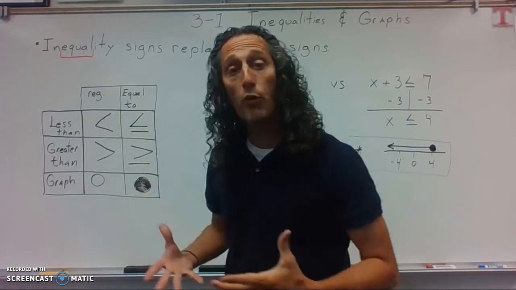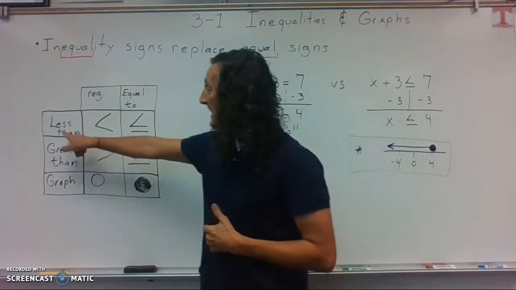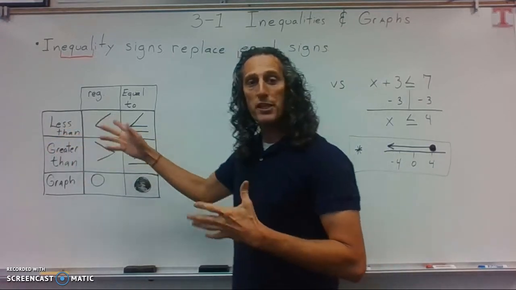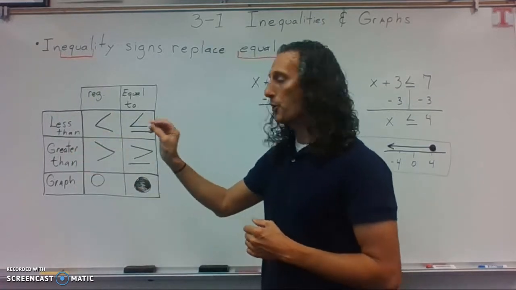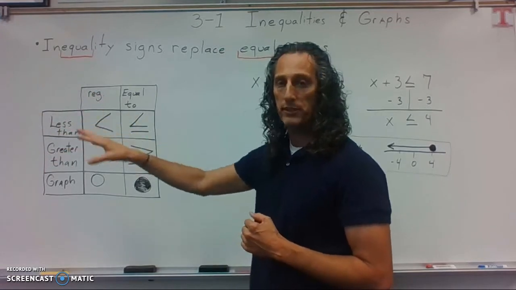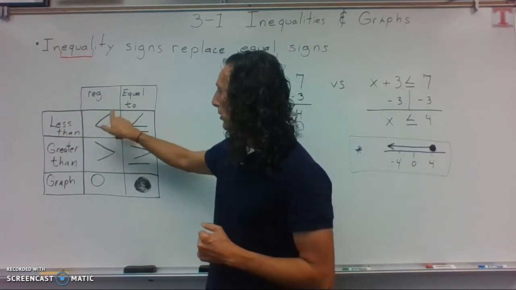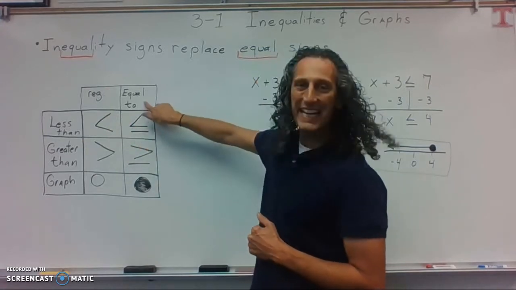All right, so let's go over what our inequalities are. We have the less thans, right? The less thans are always going to point towards your left. They're pointing towards the negatives, towards the smaller numbers, because they're less than. So we have less than, and then this one is called less than or equal to.